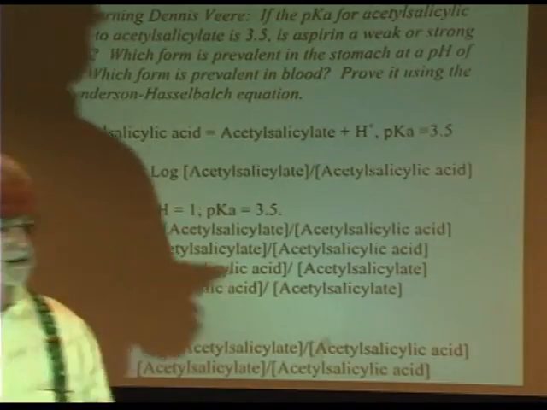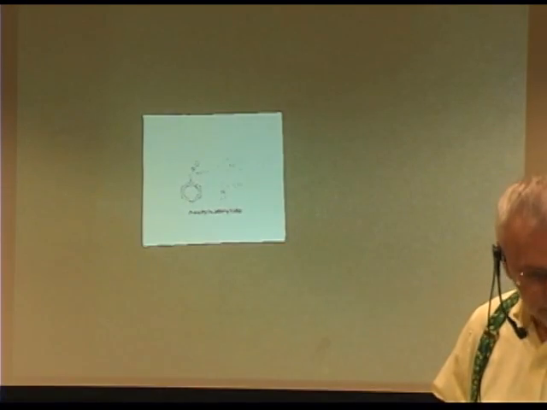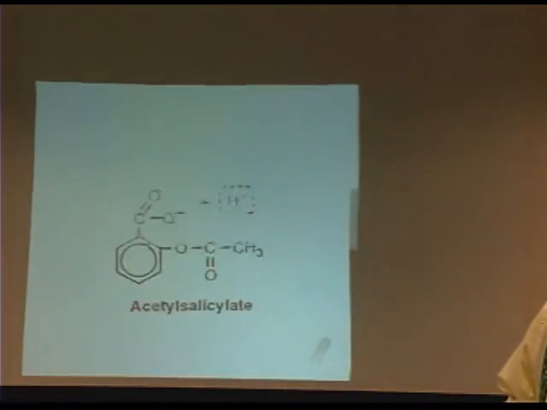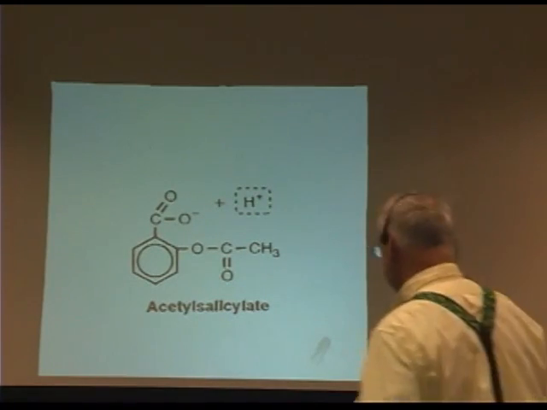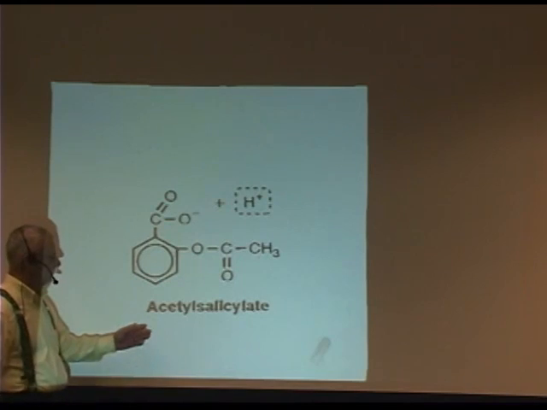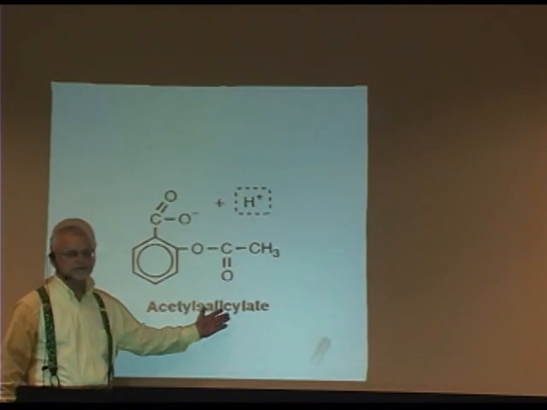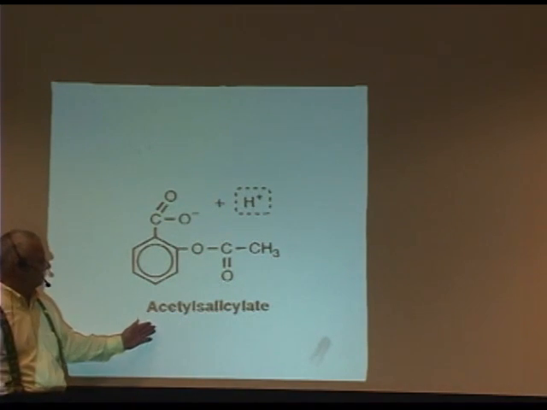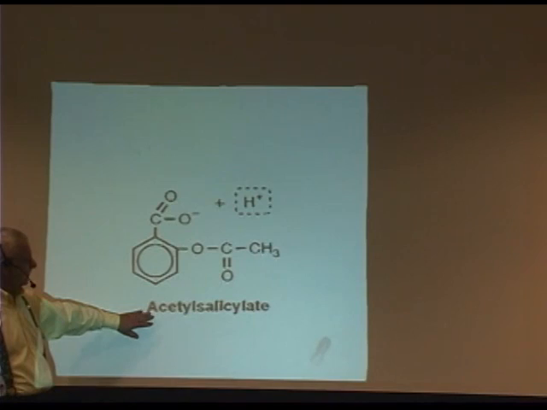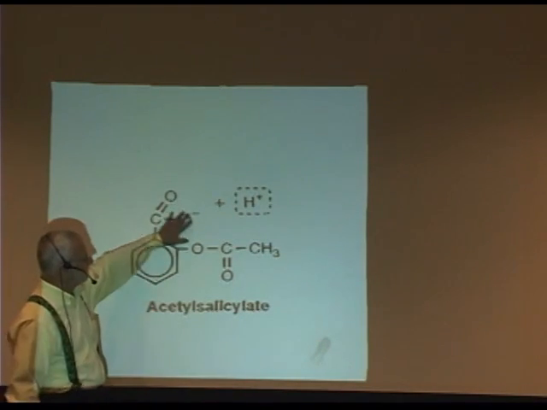The first thing we want to do is get some idea of what aspirin looks like here. Zoom this up. This is acetyl salicylate. To a lot of people and to a chemist, it's usually acetyl salicylate. That's this part without the proton.